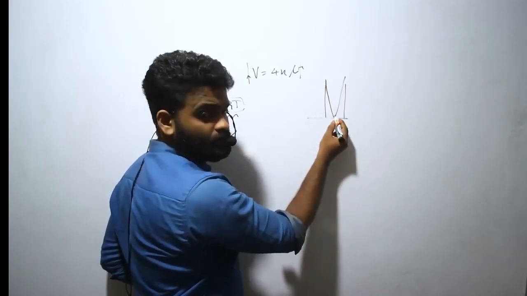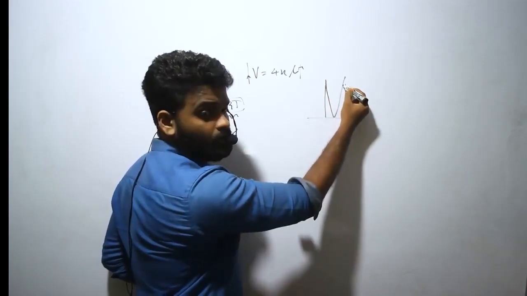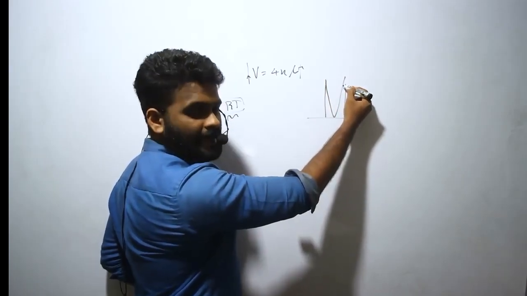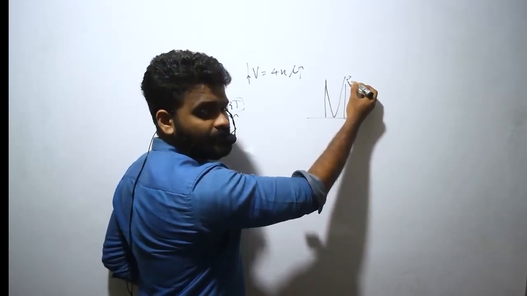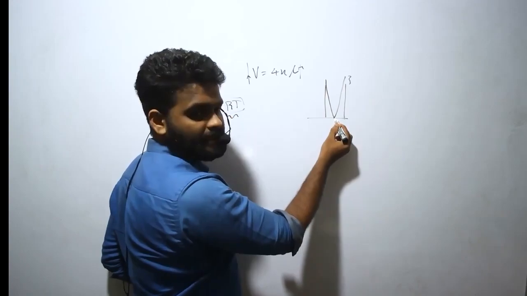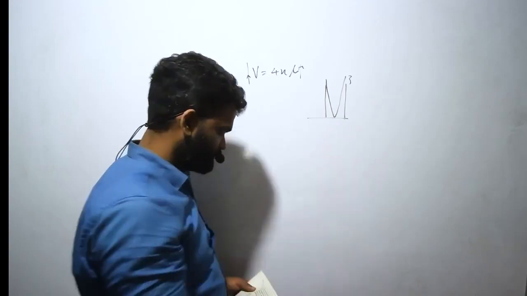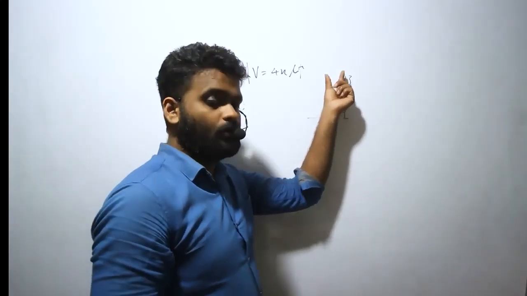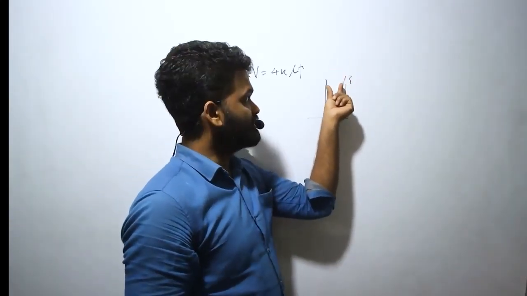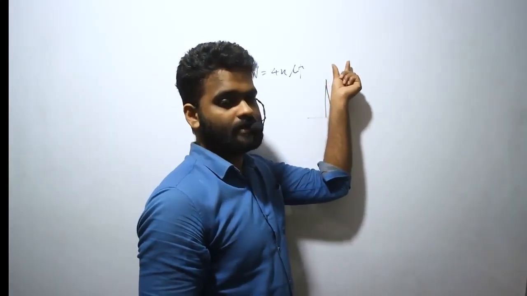Here you have the closed end, here you have the open end. End correction only happens at the open end. At the closed end, there's no end correction. Because here it is open to air, so this wave pattern deviates outside the pipe.